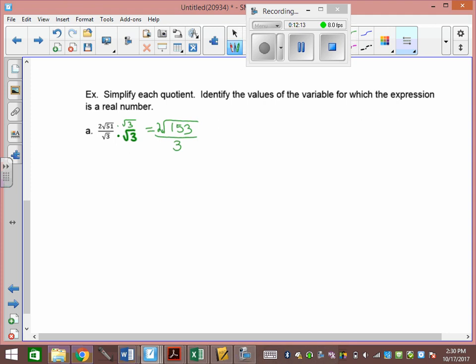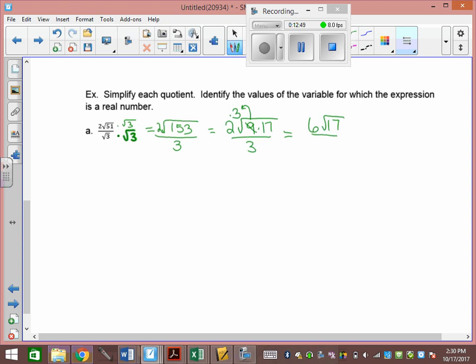Now we have to check, can 153 break down into any perfect squares? 9 and 17? So we can go 2 root 9 times 17 over 3. When the 9 comes out, it becomes a 3. And you're left with 6 root 17 over 3.